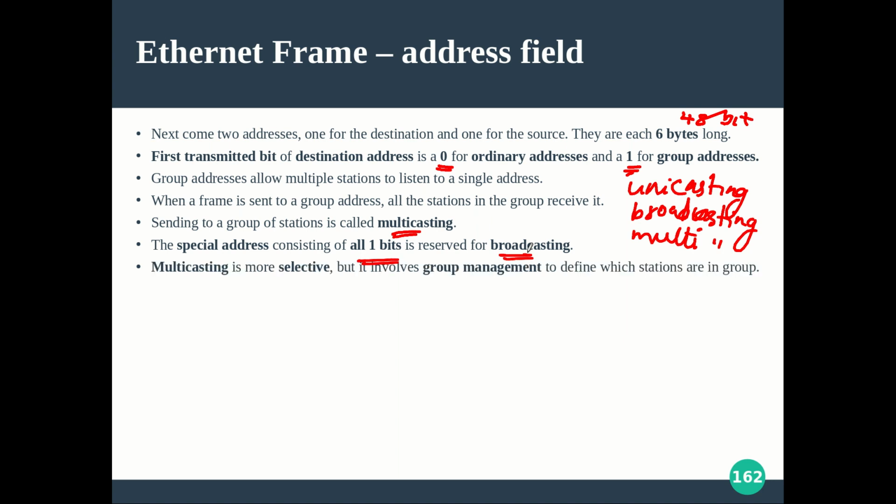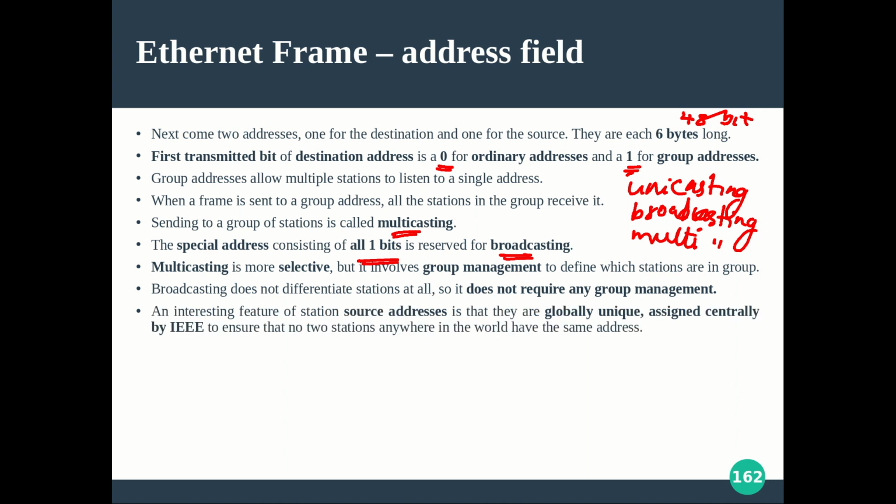Multicasting is more selective, so we have group management to define which stations are part of the groups, which should be defined properly, and the group will be given a common address, and with that address it will be delivered to everyone. Broadcasting does not differentiate the stations at all, whether a station is part of a multicast group or not. So it does not require any group management at all.